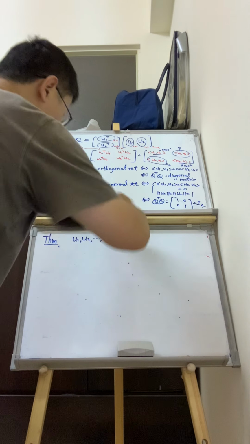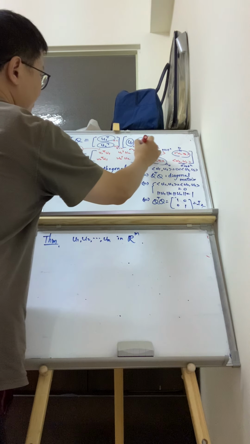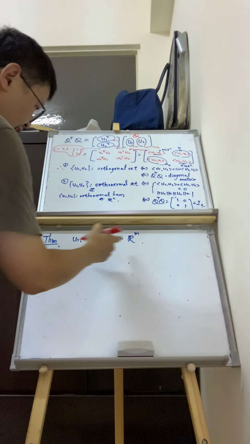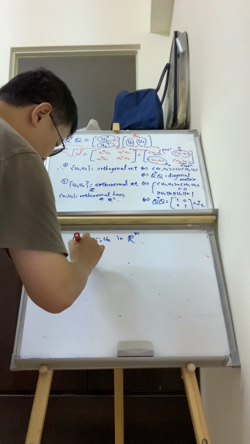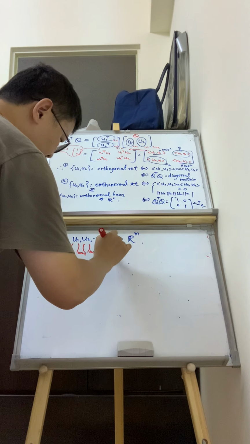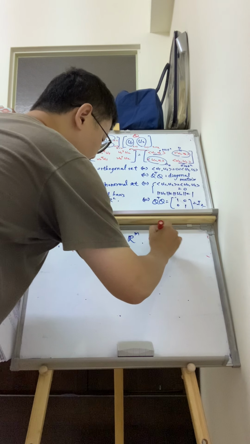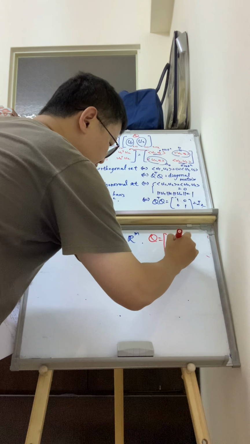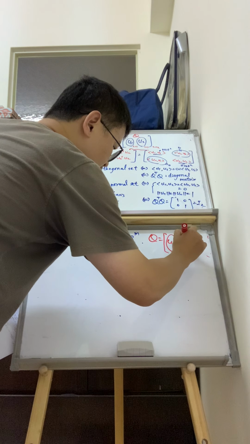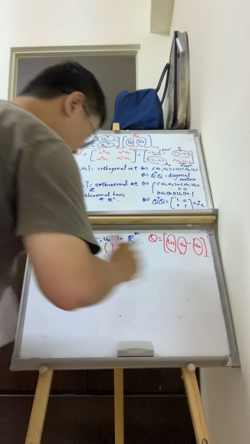You should know how to put together a matrix. Our matrix Q, we put it in this way. All of them are n by 1. So we consider a matrix Q: the first column is U1, the second column is U2, and so on up to UN.